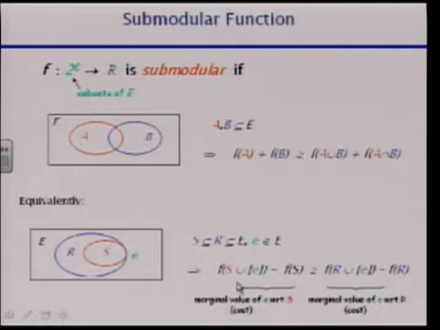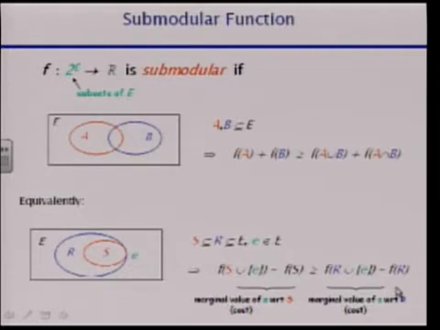Or equivalently, you can say for any S belonging to this subset R, the marginal value of an arbitrary element E outside it in the bigger set cannot be greater than the marginal value when you add a new element to the smaller set. You always have at least a larger, no smaller, marginal gain in that case.